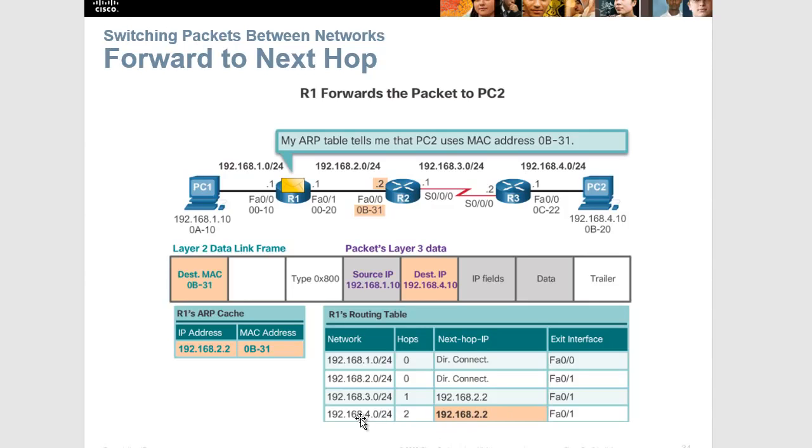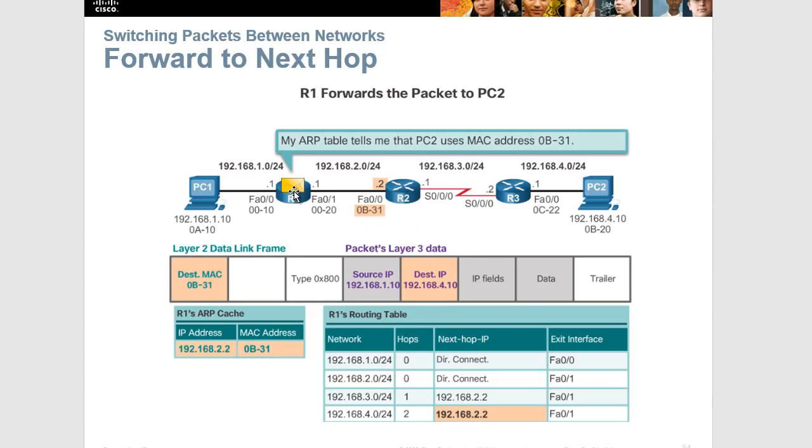So it sees that to get to said network, that network's in its routing table, it has to go to this next hop. Okay, the next hop is R2. So in R1's ARP table, it has the MAC address for R2, so it has all the information it needs to build that frame and send it along to R2.